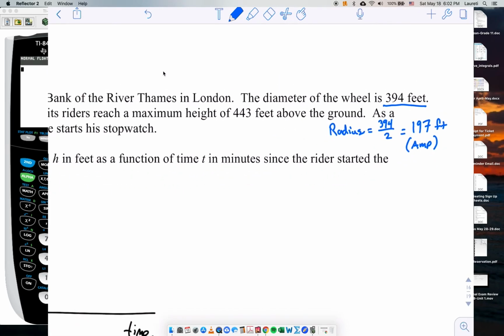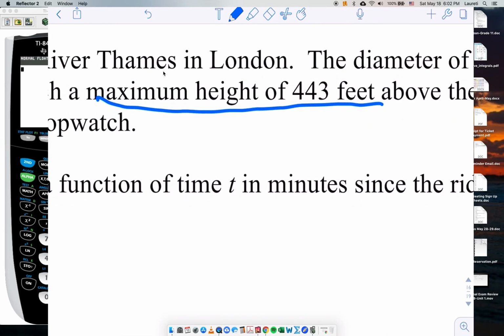Now it says that the maximum height is 443 feet above the ground, right? So the lowest height that you're above the ground is going to take your highest minus the diameter of the wheel, which is going to be 49 feet.